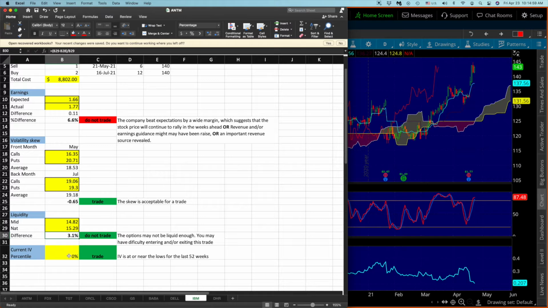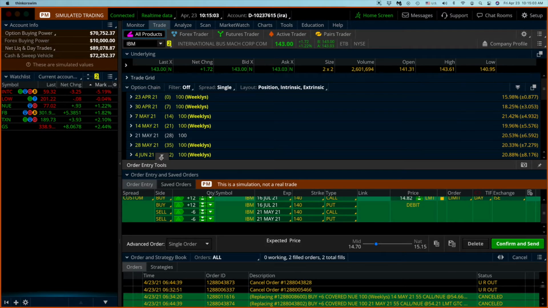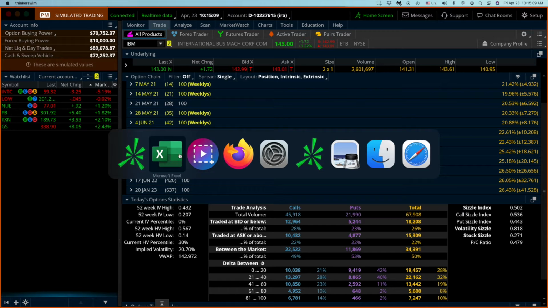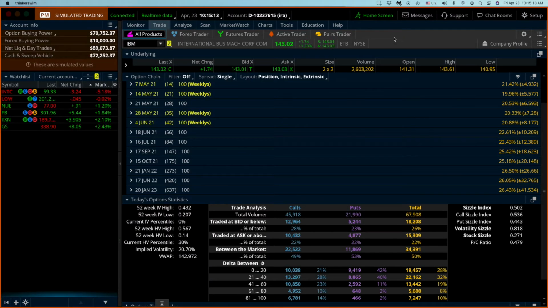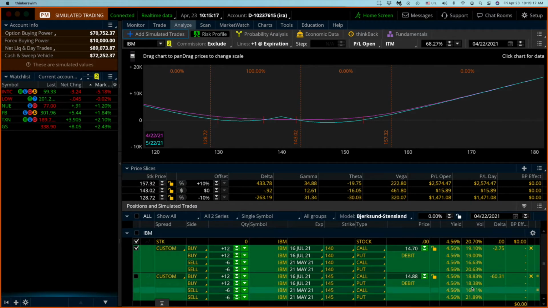Current IV percentile is 0. You can look that up also by going to the trade tab and scroll down until you see current IV percentile. That's a 0. So that's excellent. So yeah, I want to trade this, no question about it. All right, so let's go to the Analyze tab again and enter our trade here. We're going to do the 140.